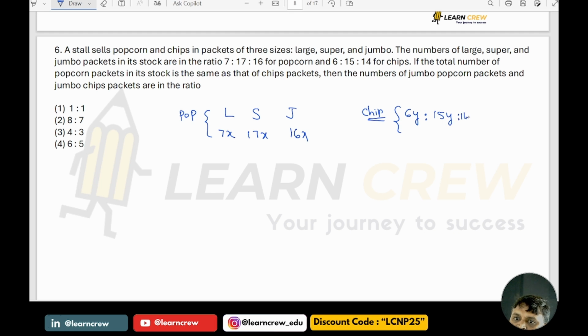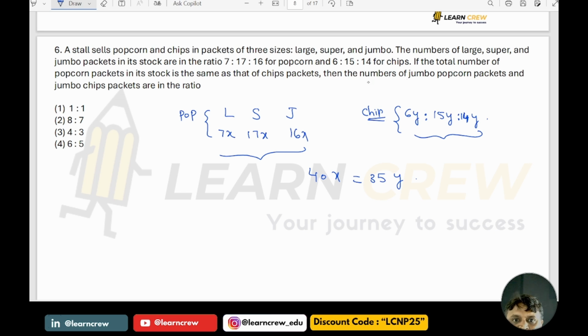6y:15y:14y. If the total number of popcorn packets in its stock is the same as that of chips packets, so what are this total number of packets? 7x plus 17x plus 16x, 40x is equal to total number of chips packets, 29 plus 6, 35. 40x is equal to 35y.